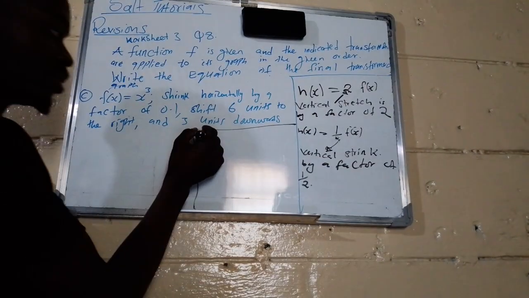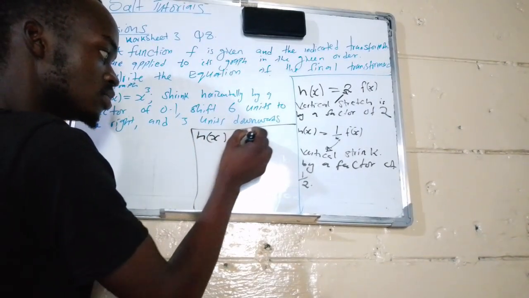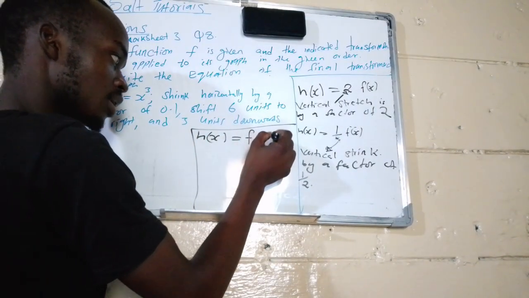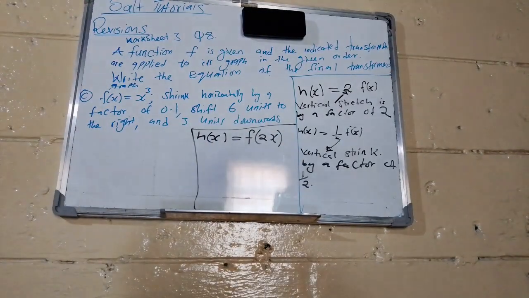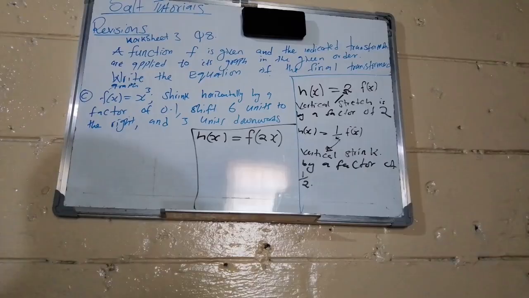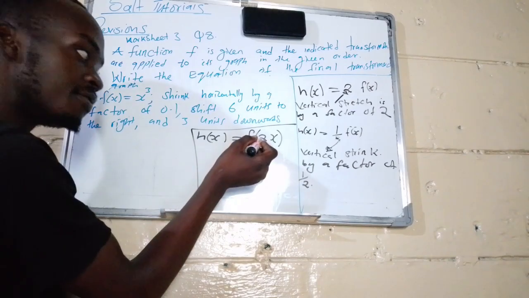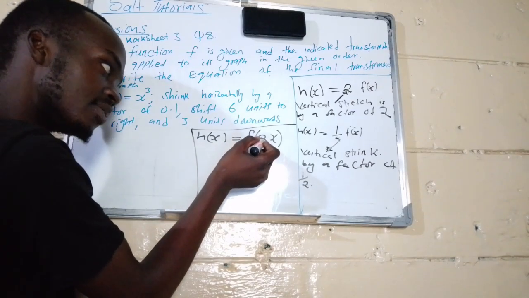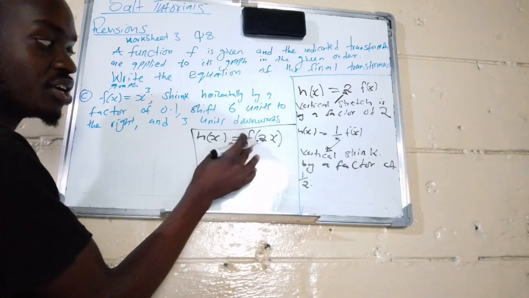I'm going to have a situation whereby I have h of x is equal to f of 2x. So I'm going to have these two. When it comes to the horizontal stretches and shrinks, if this value is greater than 1, it is not a stretch horizontally, but it is a shrink horizontally.